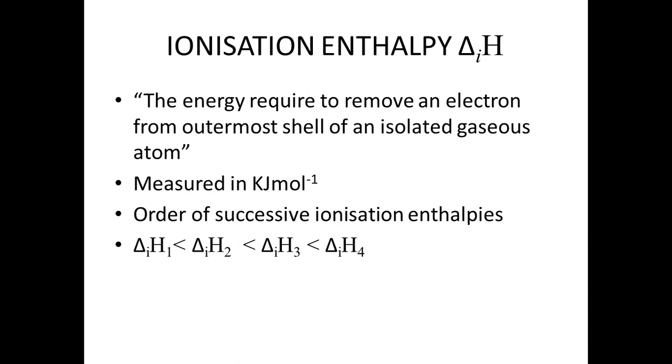Then we have to supply more energy to remove the second electron from that atom. To remove the third electron, we have to supply the third ionization enthalpy, and to remove the fourth electron, we have to apply the fourth ionization enthalpy. As the successive ionization enthalpy increases, the magnitude also increases.